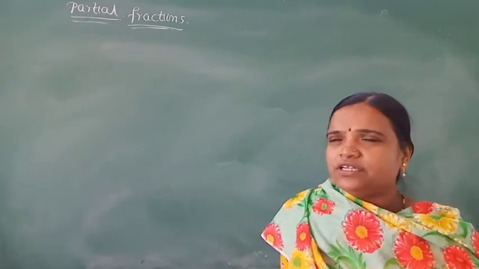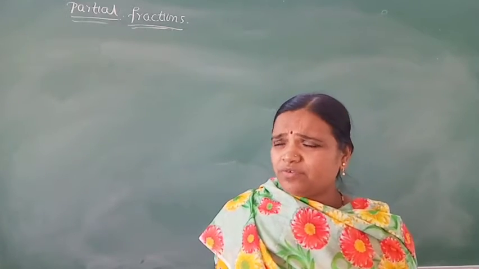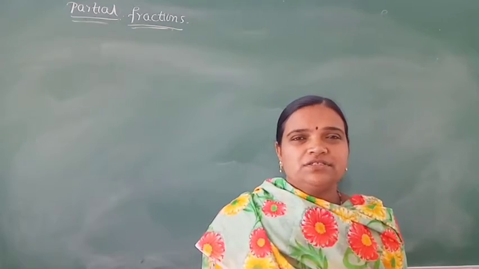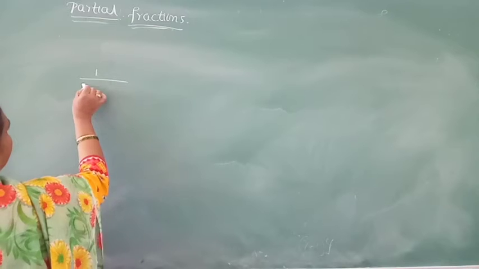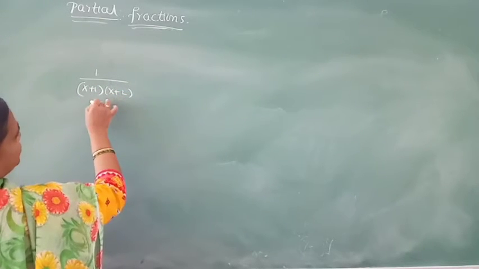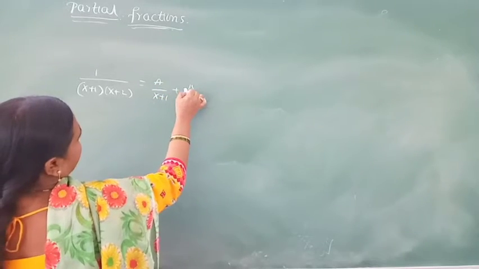And we have done the rules or conditions. If they are repeated, one rule; non-repeated, another rule; non-factorizable, third rule. If they are non-repeated, then 1 divided by (x plus 1)(x plus 2) can be written as a by x plus 1 plus b by x plus 2.